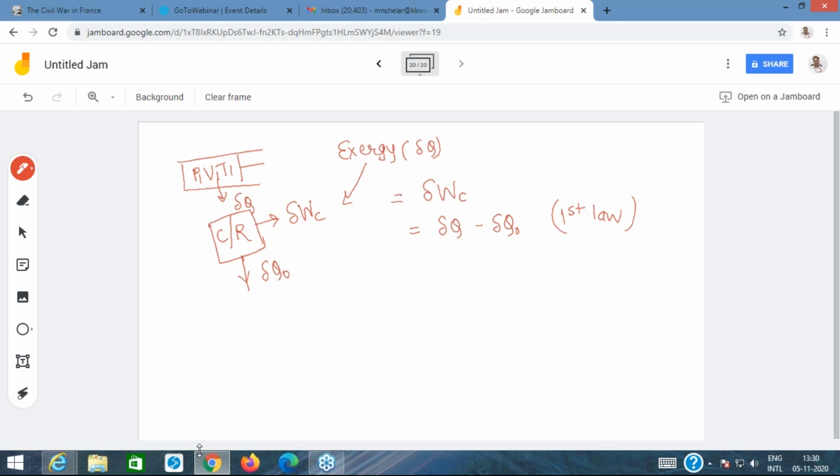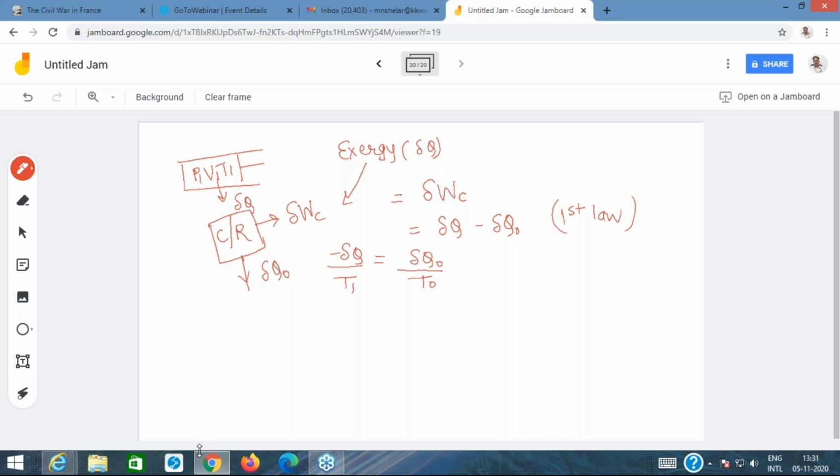Now, if you apply the second law to this, it is del Q by T, in this case T1, equal to del Q naught by T naught, and I would put a negative sign here because the heat is rejected.